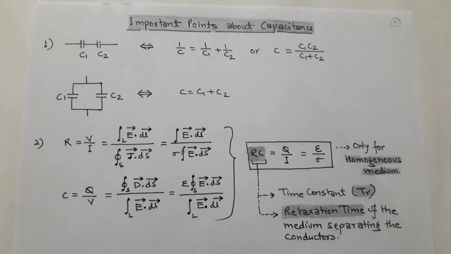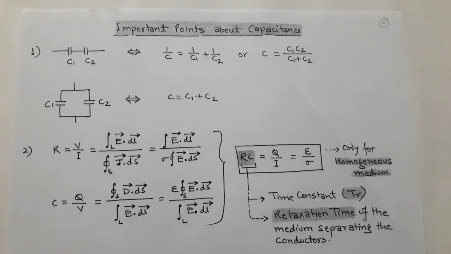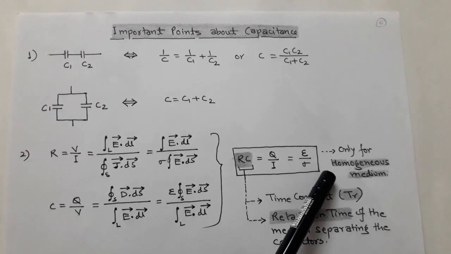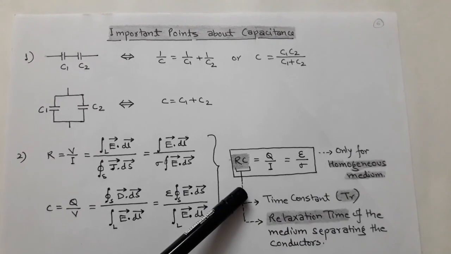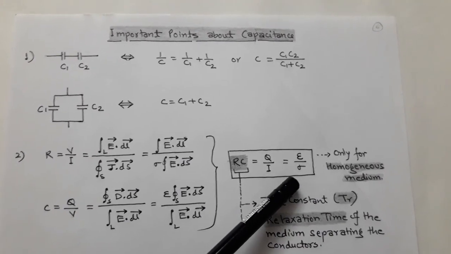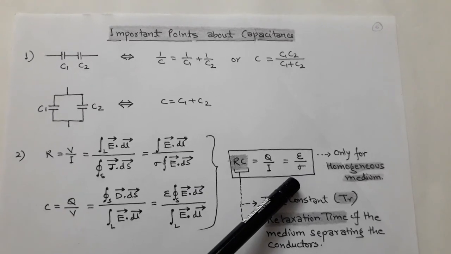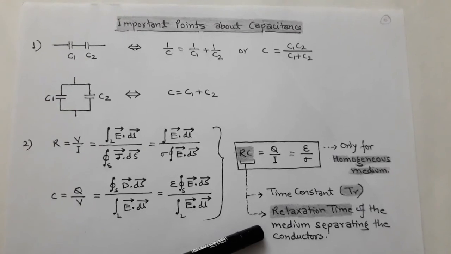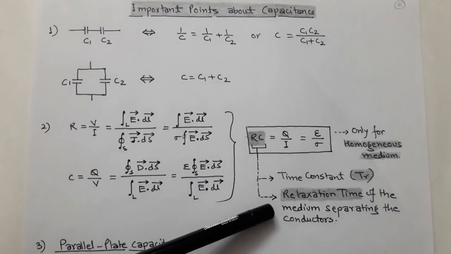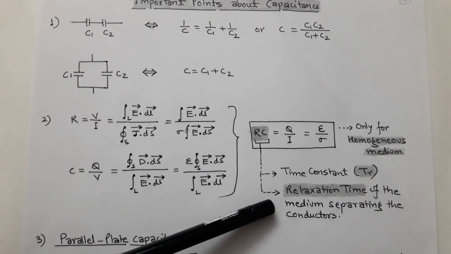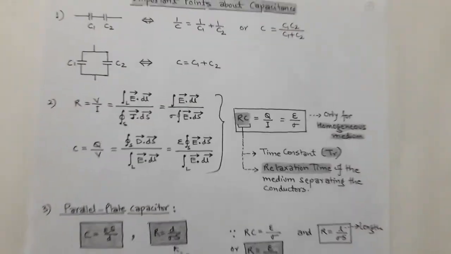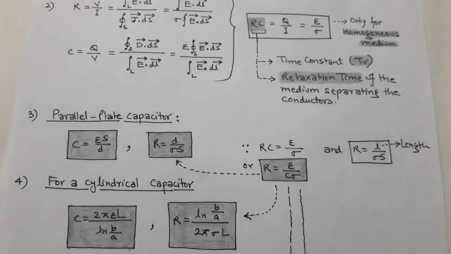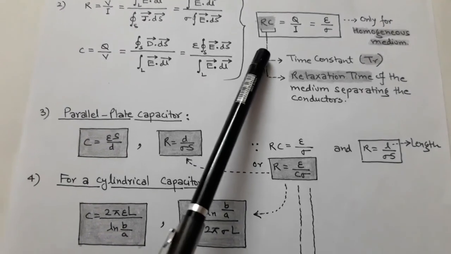This is only for a homogeneous medium. Means for a homogeneous medium we can determine the time constant, that is equal to epsilon upon sigma. This time constant is denoted by T suffix R, and this is called the relaxation time of the medium separating the conductors. So this is called the time constant RC, that is epsilon upon sigma.